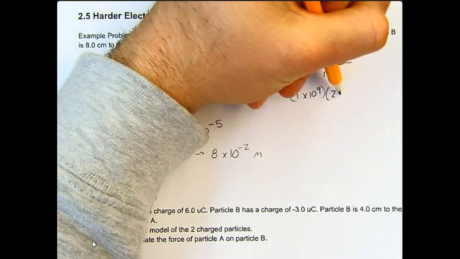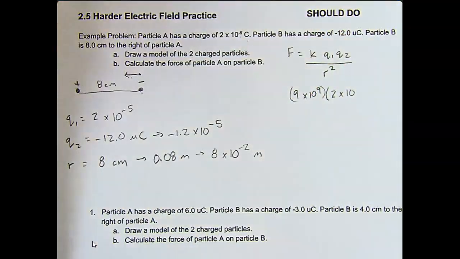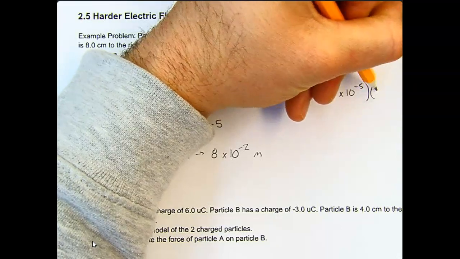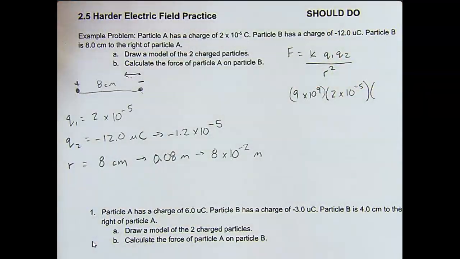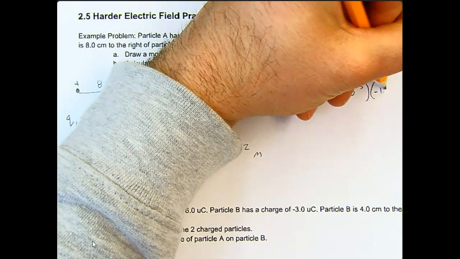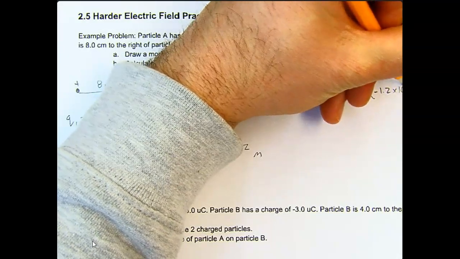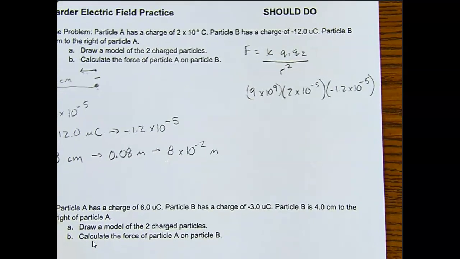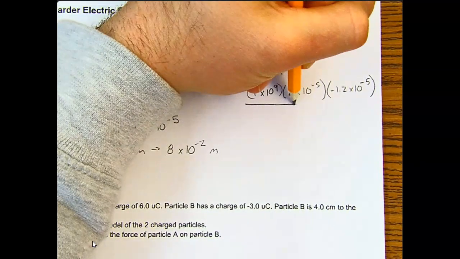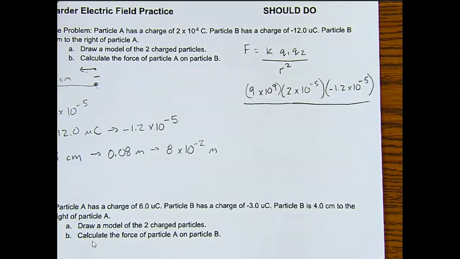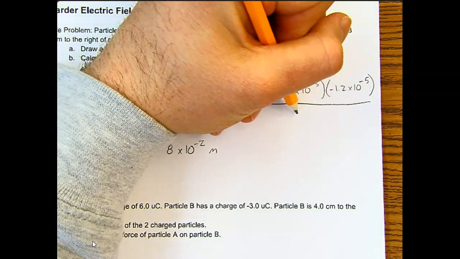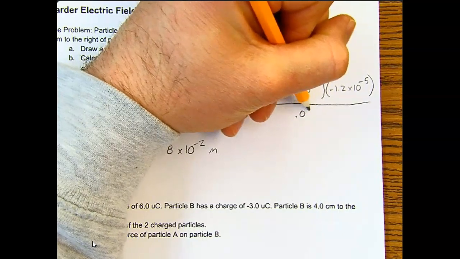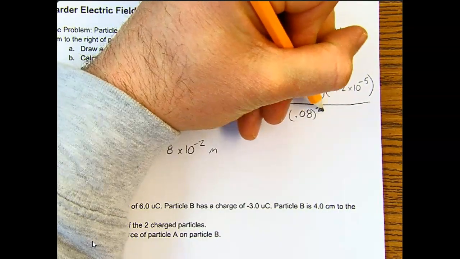Q1 is 2 times 10 to the negative fifth. Q2 is negative 1.2 times 10 to the negative fifth. And all of that divided by R squared. So R squared is really going to be 0.08 squared.